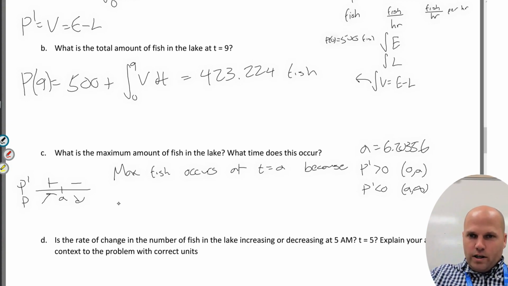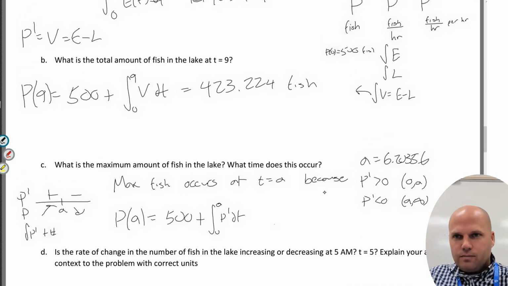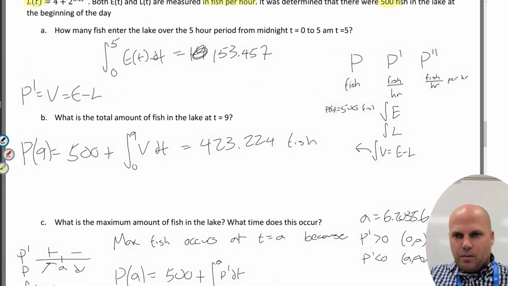Okay, and then what is the maximum amount? Well, P of A equals that 500 plus that accumulation of my derivative to figure out how much I increase. Whether you use P prime or V, it's the same as long as you have it listed out. P prime equals V up here. You can decide to use E minus L if you wanted to. It's up to you.